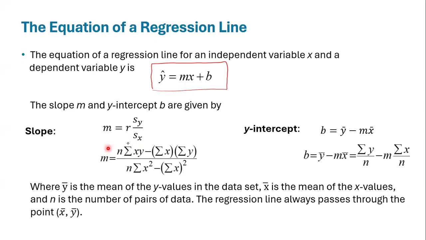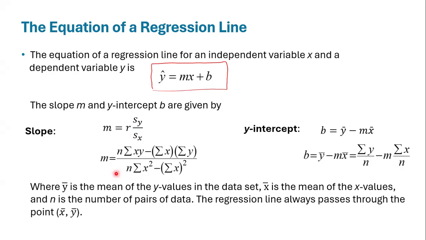We learned in 12.1 and 12.2 how to find r. There are online calculators, TI calculators, or you can use the formula to find r by hand. After finding the correlation coefficient r, we also need the standard deviation of all of the y values and of all of the x values, and then use this formula to find the slope.